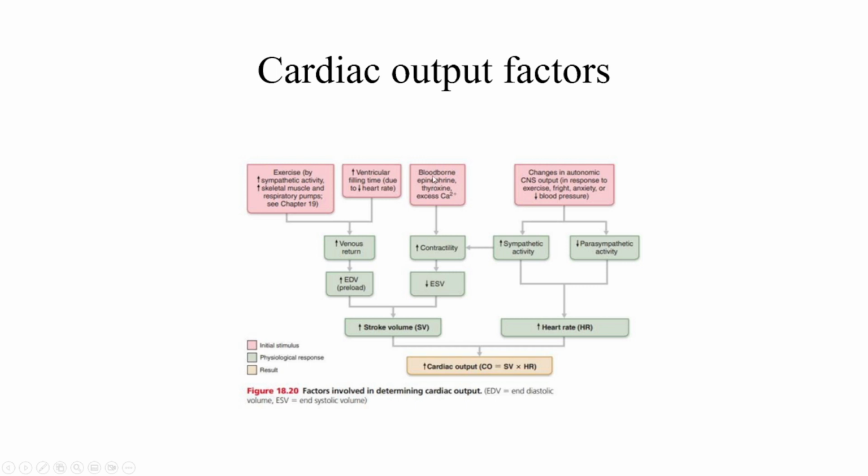These 3 are hormones. So here it would lead to an increase in the heart's contractility, a decrease in ESV, and an increase in stroke volume. But ultimately, it would lead to the same result, an increase in cardiac output.